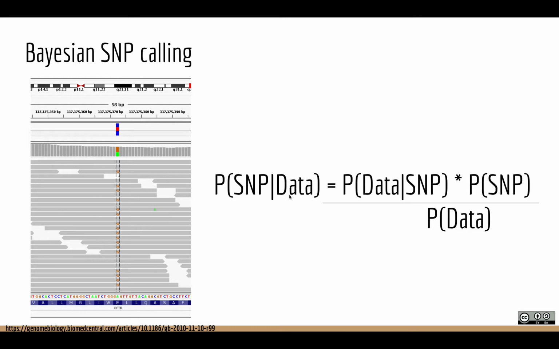And the data, what's the data in this case? Is it this image from IGV, or is it something else? It's the reads, yeah. It is, and more specifically, what is in those reads that is the more granular data that this Bayes theorem is using to evaluate the probability that it is a SNP given the data.